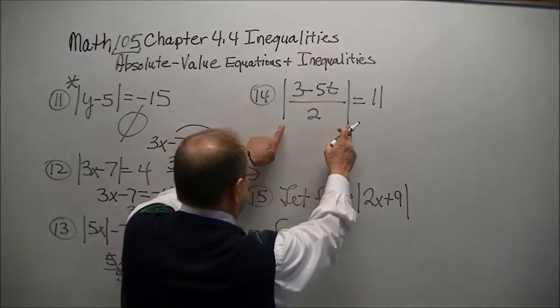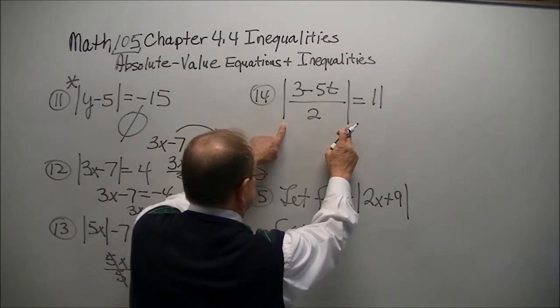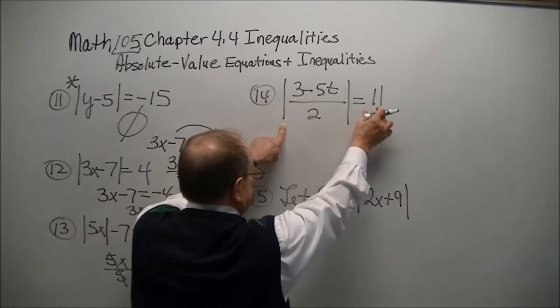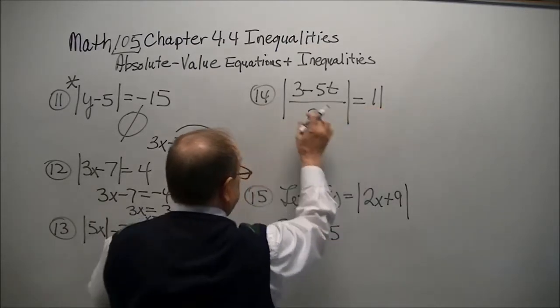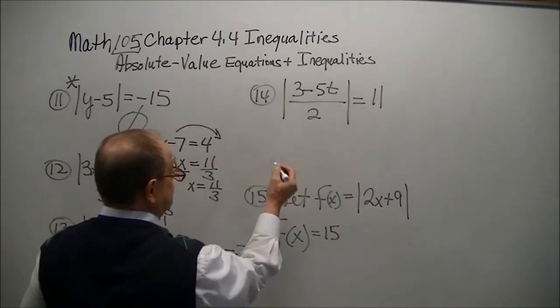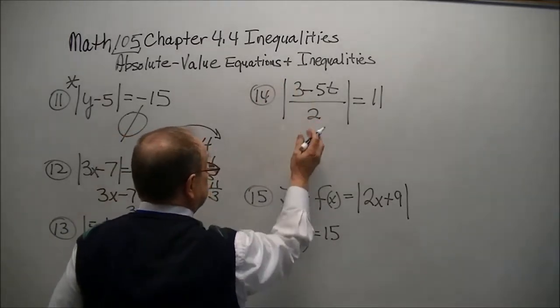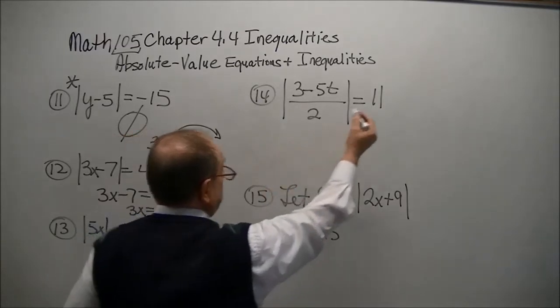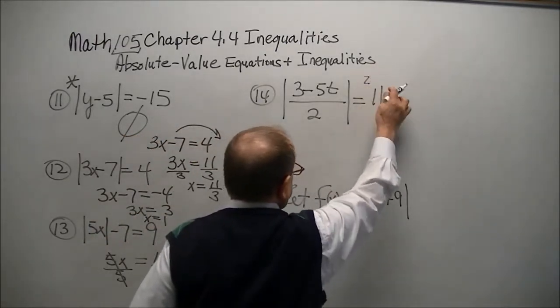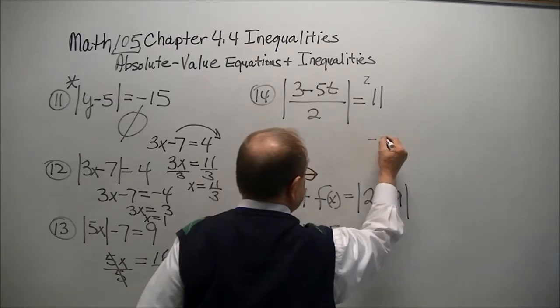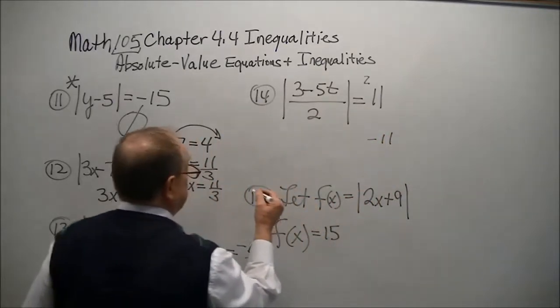So once again, take away this, and that's a positive. Take this away, that's a negative. Then we're going to multiply both sides by 2. So on this side, the 2's cancel out, and let's do that. And then we're going to multiply this by 2. Remember, it's going to be an 11 and also a negative 11.